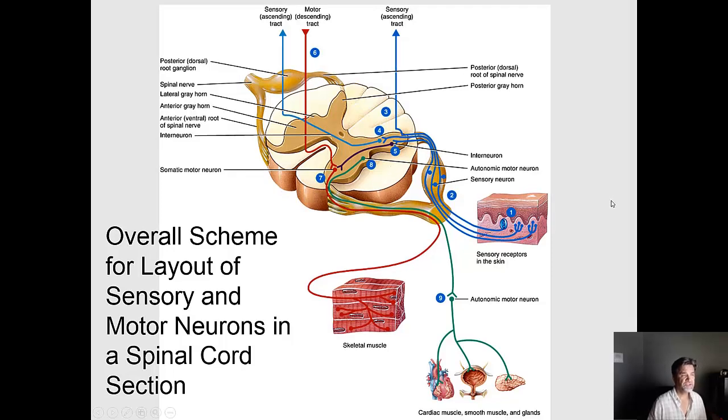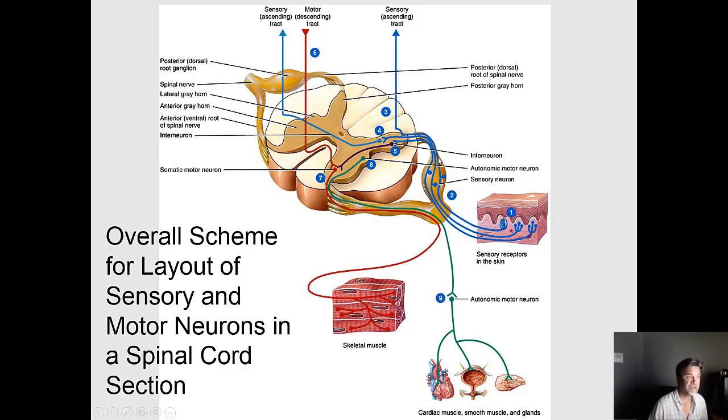So the overall scheme and layout is, here we have a patch of skin. We have receptors that are detecting sensory information, which is getting supplied. Here's your unipolar nerve cell body, right? One process extends out to the surface. The other process extends into the spinal cord.